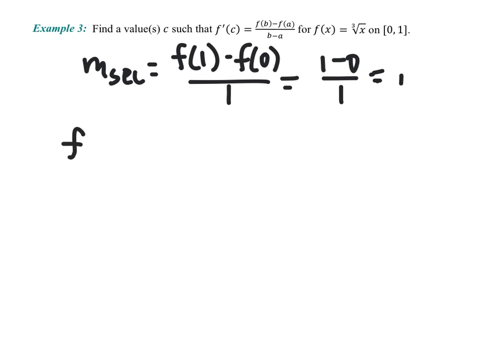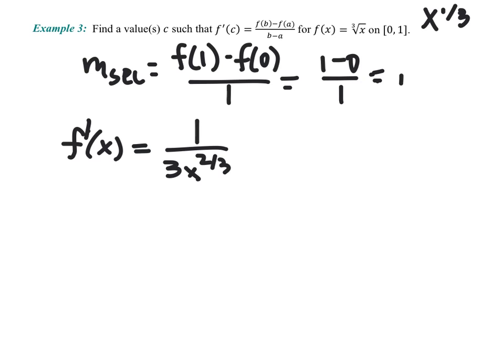The derivative of f of x, this would be x to the 1/3 power, so the derivative is 1 over 3x to the 2/3. You can work that on the side if you need it. So I want 1 over 3x to the 2/3 power to equal this 1.